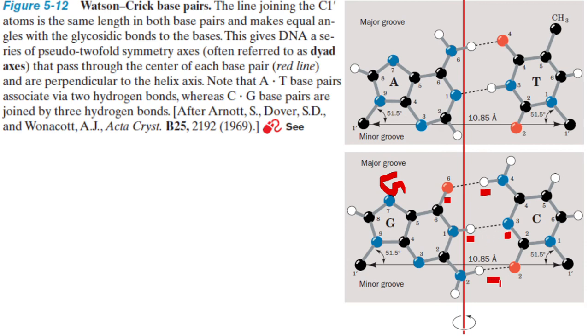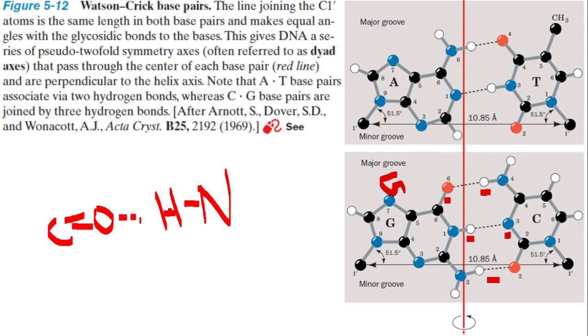You can go to the previous slides to see the atomic structure of guanine and cytosine. When there is a C double bond O on one side, there can be an NH on the other side, because NH will be the hydrogen donor and CO will be the hydrogen acceptor. So a hydrogen bond is produced.